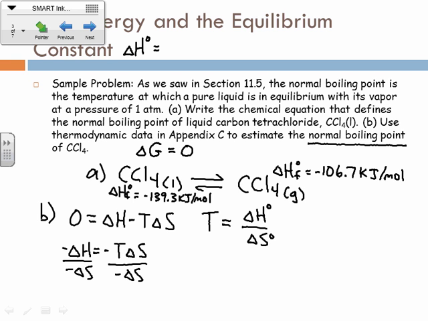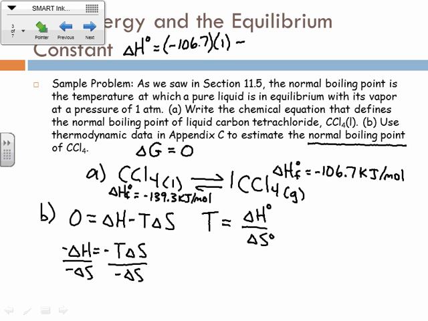Now this is a one-to-one stoichiometry, which is nice. We don't have to multiply either of these numbers by anything because we don't have any coefficients. So basically we're just going to take products minus reactants: negative 106.7 kilojoules per mole, and then we'll multiply that by 1, just because there's a coefficient of 1 right there.